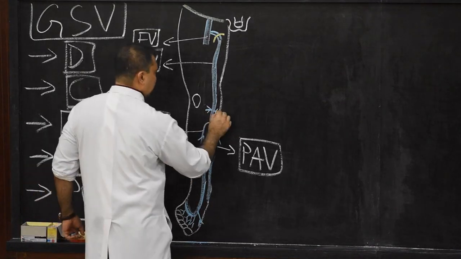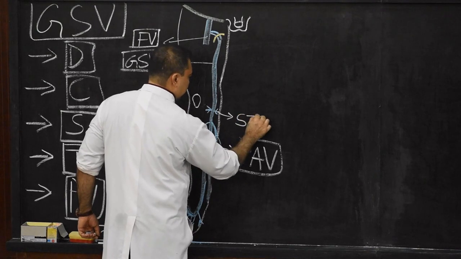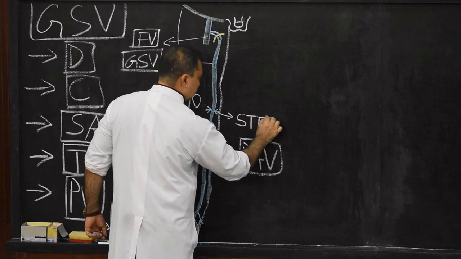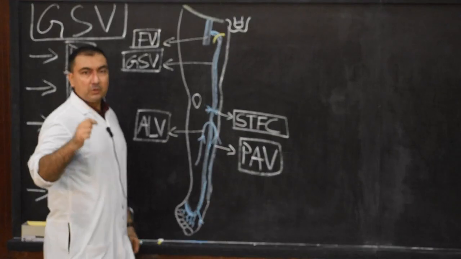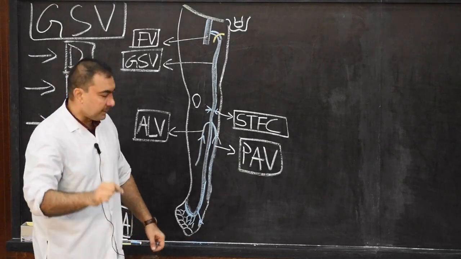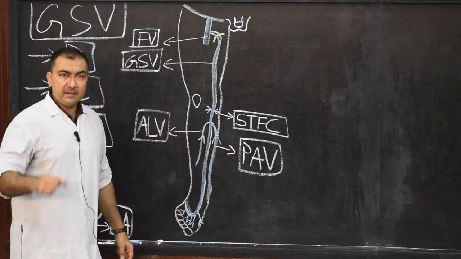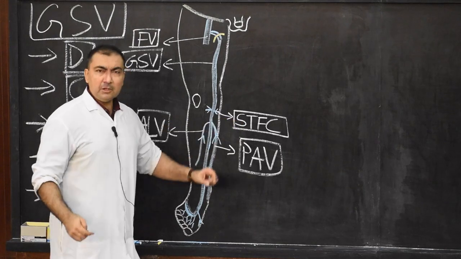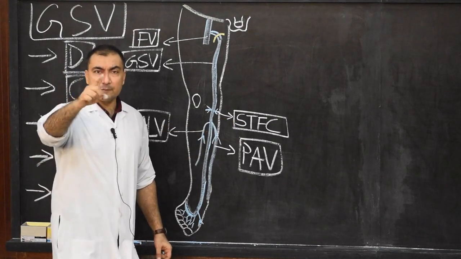Here we will name this as the short tributaries from the calf, which are draining the blood from the small saphenous vein. So tributary number 1, posterior arch vein; tributary number 2, anterior leg vein; tributary number 3, the short tributaries draining from the calf, which will drain the blood from the small saphenous vein.